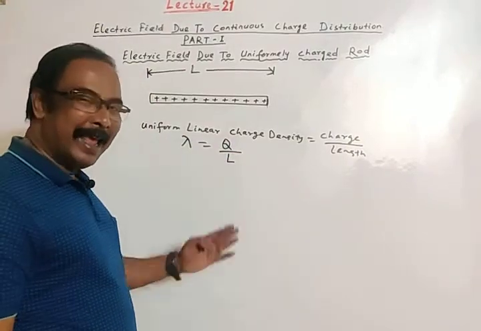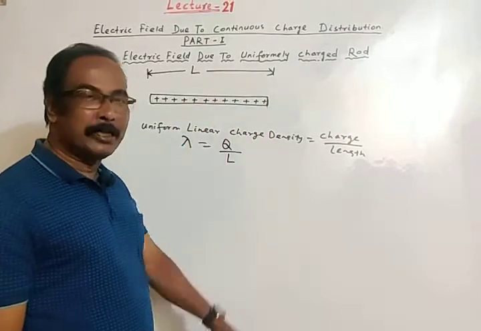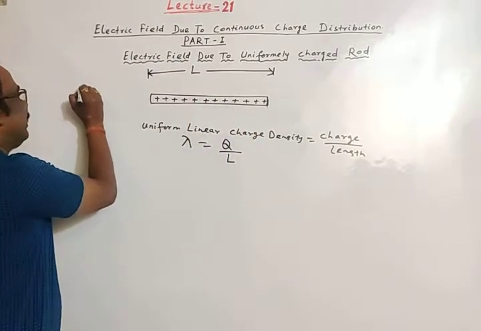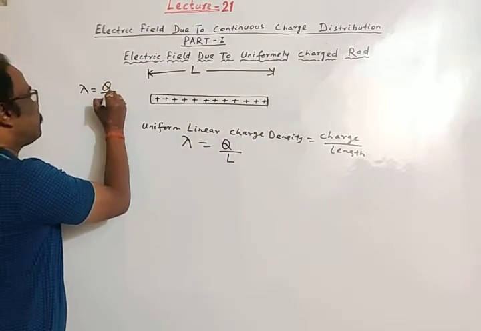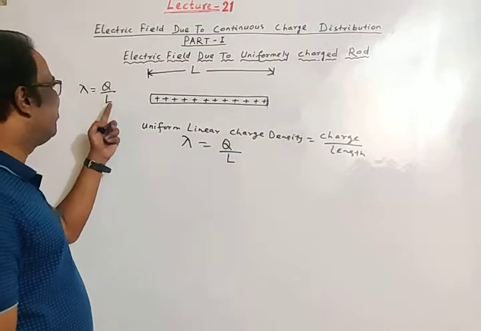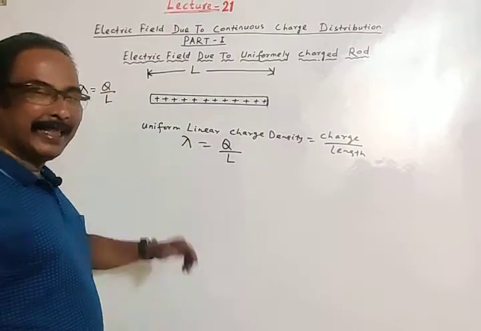The length of the rod is L and the total charge is Q. So linear charge density is charge per unit length, and its unit will be coulomb per meter, charge in coulomb, length in meter.